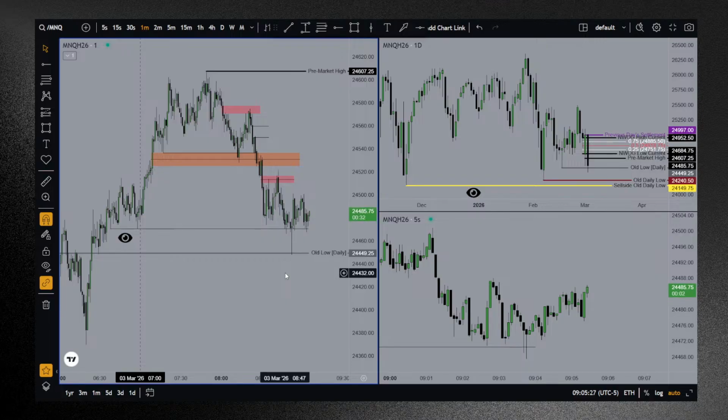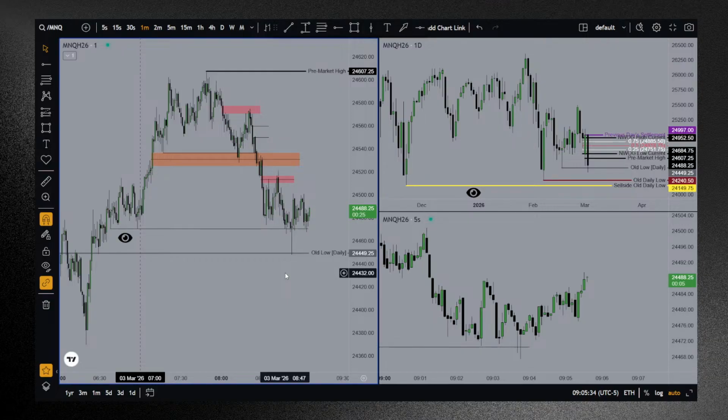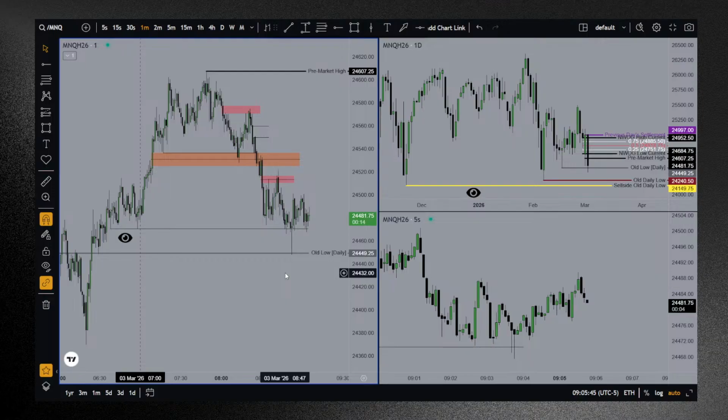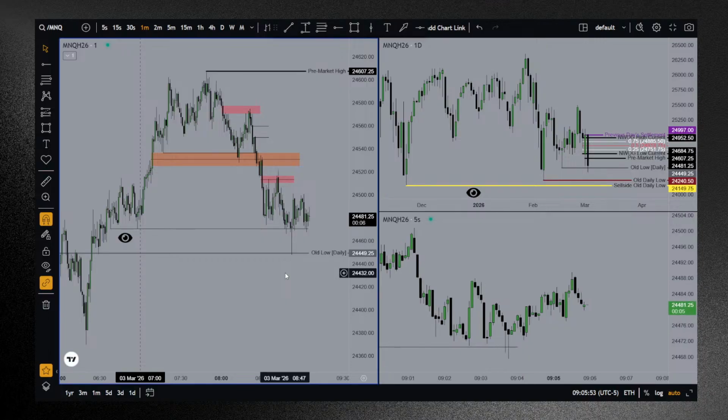Obviously, if we get released outside of this range, we are likely to see really nice easy days in terms of delivery, where they will just be moving nicely, quickly, and directionally, and that will be cool to see.